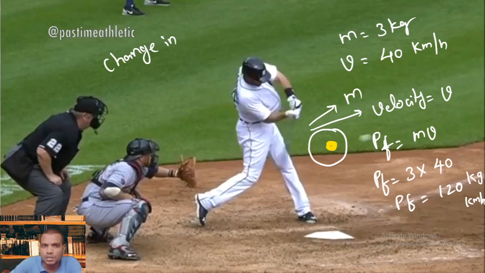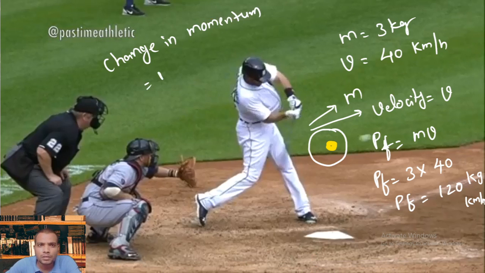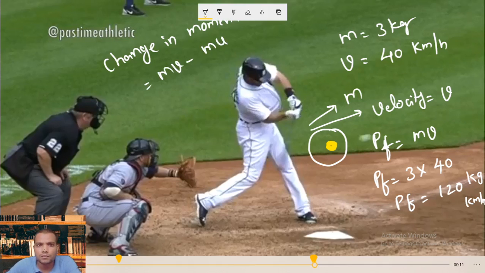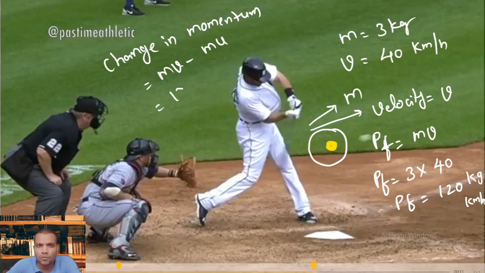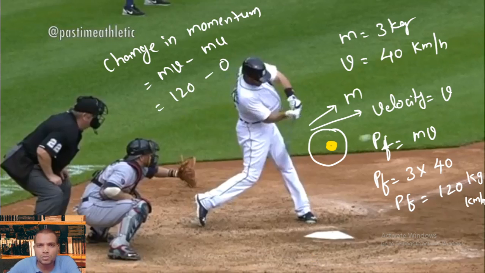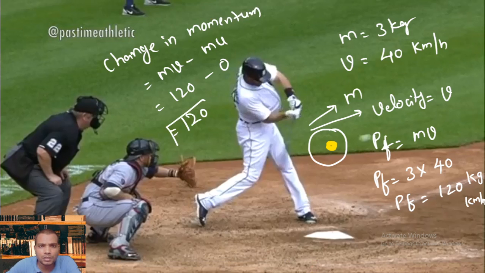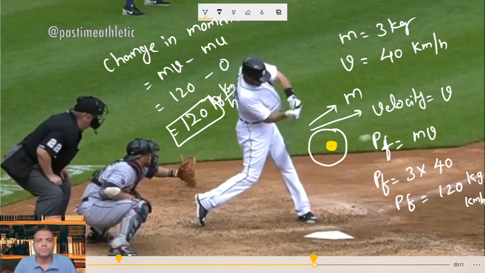Therefore change in momentum equals momentum final minus momentum initial. So final momentum we got the value 120 kg kilometer per hour and initial is 0. So he applied a force, and 120 kg kilometer per hour is the change in momentum.